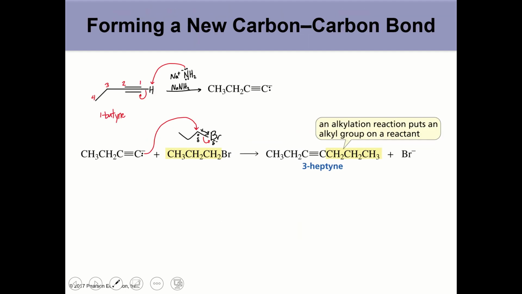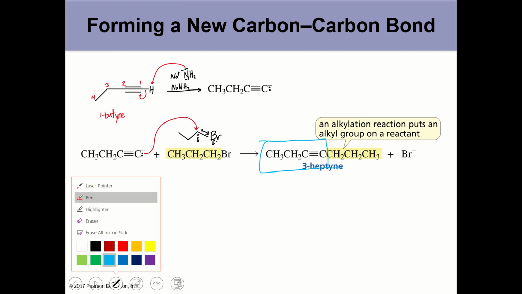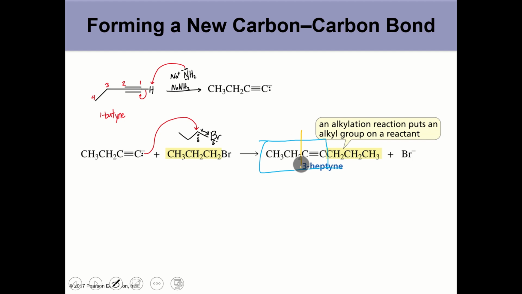So working backwards, we're trying to produce 3-heptyne. We will either pick this blue fragment or this orange fragment as our starting alkyne.